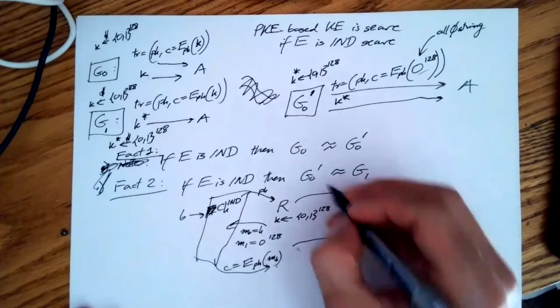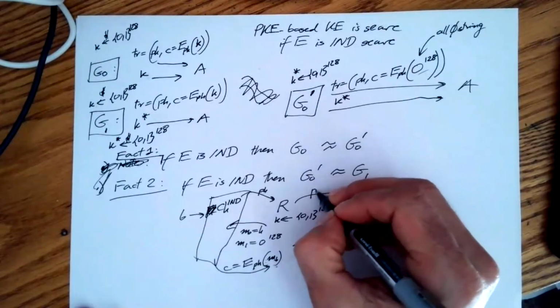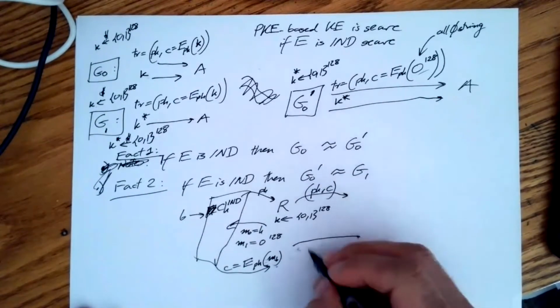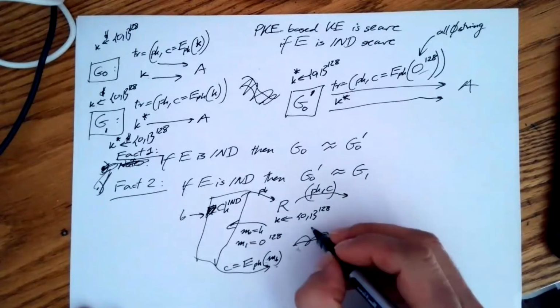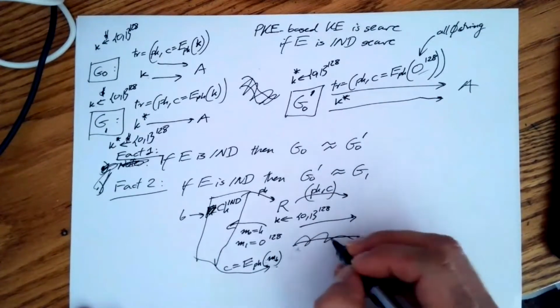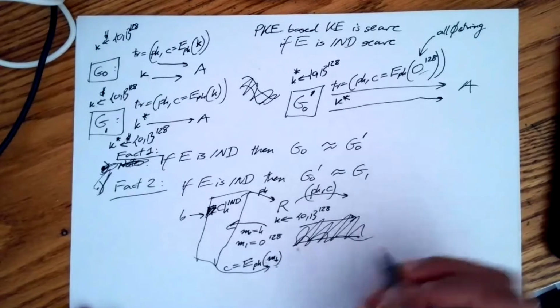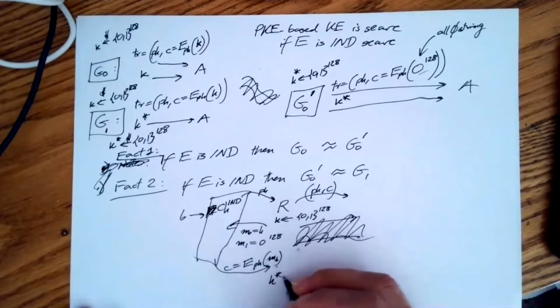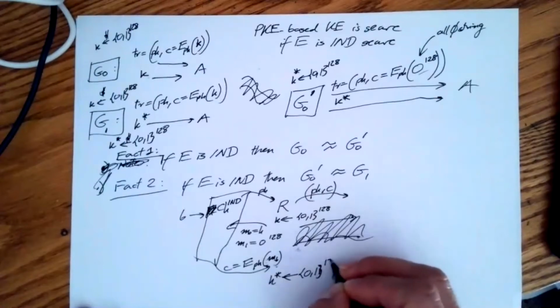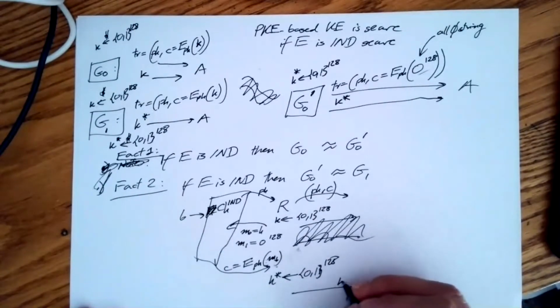The reduction just forwards a public key and a ciphertext. Moreover, independently, it chooses K star at random and sends this K star as well.